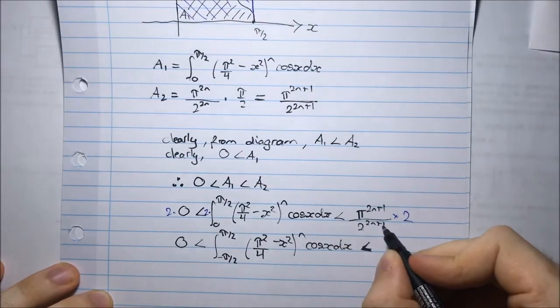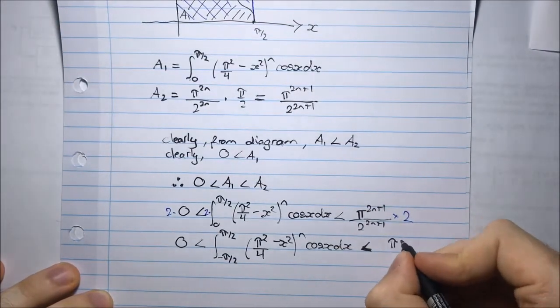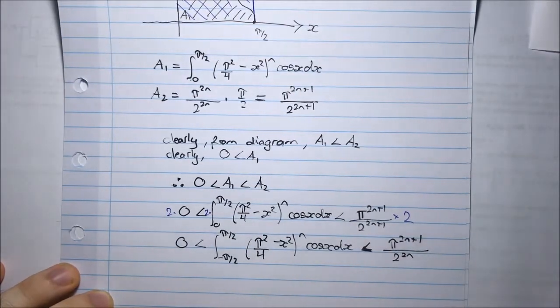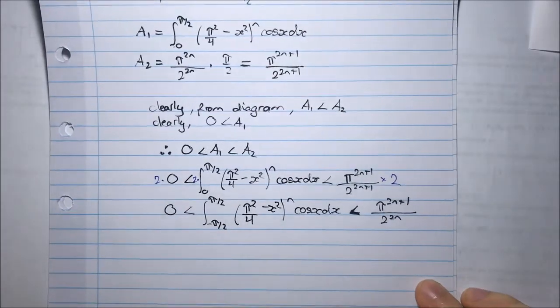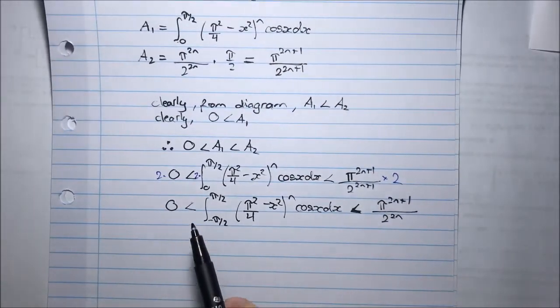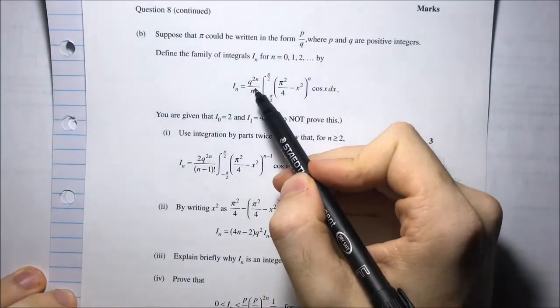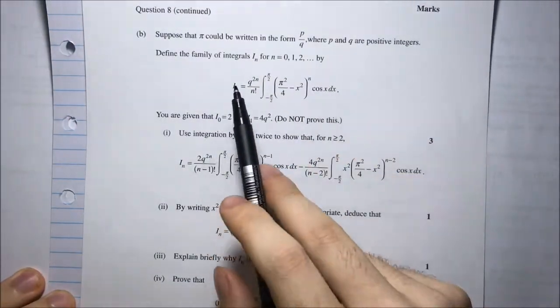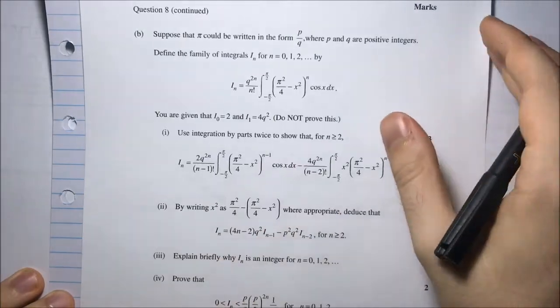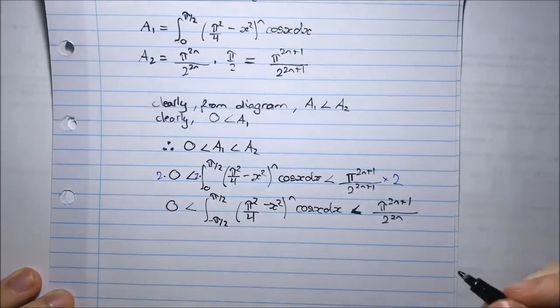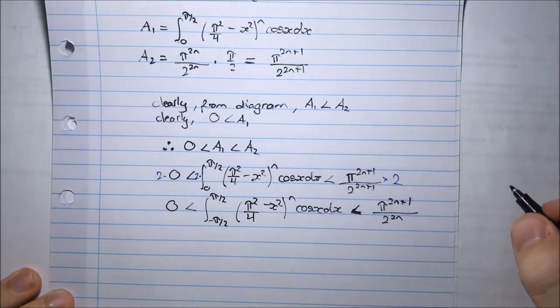Well, I can cancel one of these powers of 2, and I'll have pi to the 2n plus 1 divided by 2 to the 2n. Okay, I'm almost there now. I just need to multiply by this constant out the front, because I have this integral, to get I_n I have to multiply by that constant out the front. So I'm going to multiply everything by q to the power 2n on n factorial.